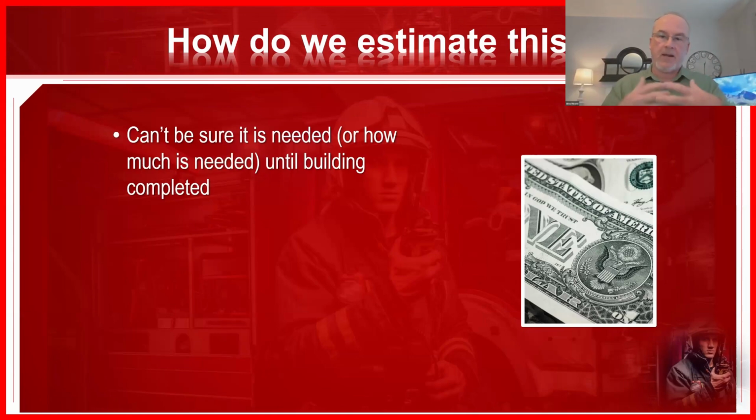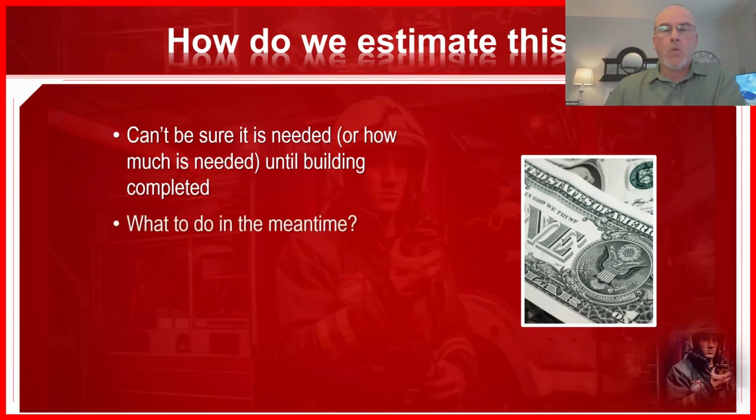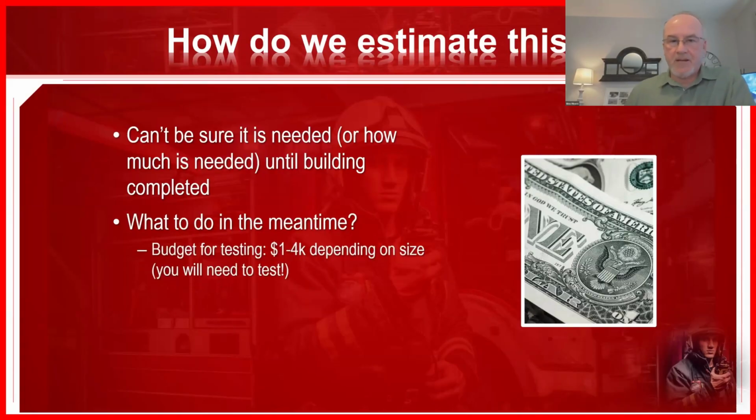All right, walls are up and everything is functioning. So what do you do in the meantime, in the planning process? All right, first of all, you got to budget for testing. No matter what you do, as a rule, you're going to have to test. You're not going to get a CO without testing for this. In South Carolina, that is. Again, with other jurisdictions maybe being different.